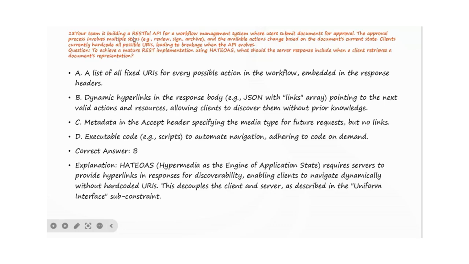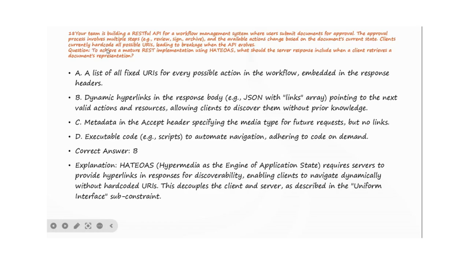Your team is building a RESTful API for a workflow management system where users submit documents for approval. The approval process involves multiple steps like review, sign, archive, and the available actions change based on the document's current state.